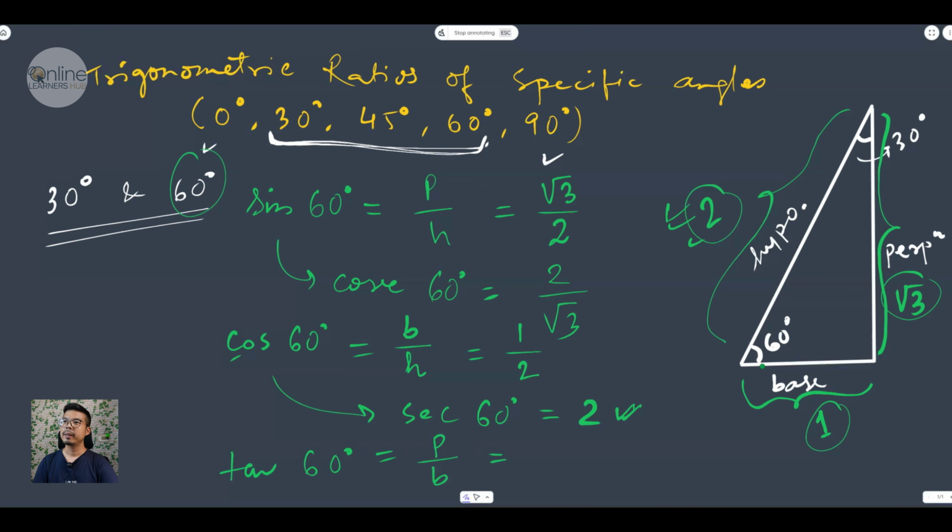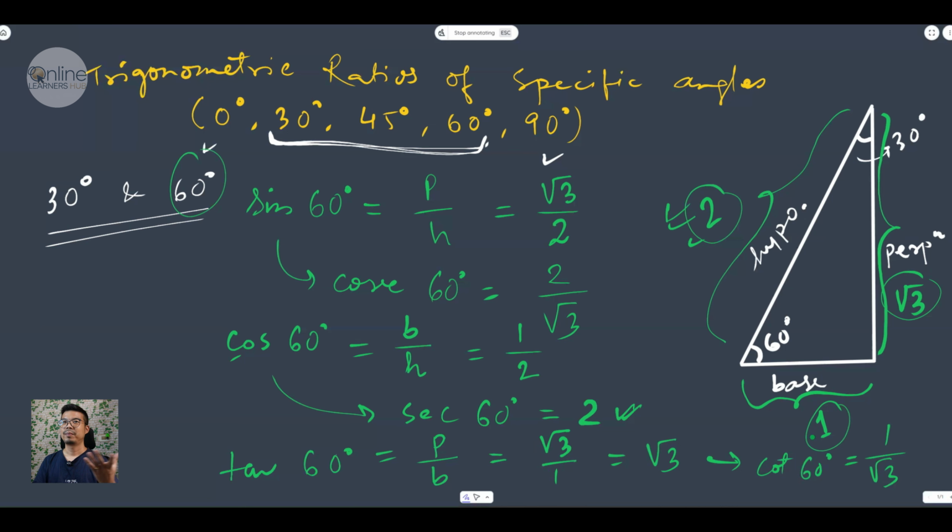Perpendicular is again root 3, and base is 1, so you don't need to write 1. It is just root 3. So tan 60 is root 3. Now what about cot? Cot is the reciprocal of tan, right? So cot 60 will be the reciprocal of root 3, which is 1 by root 3.